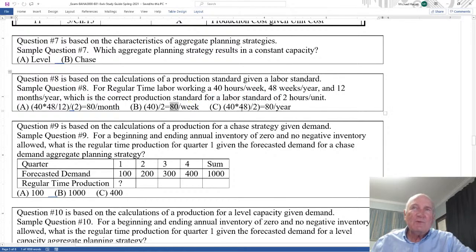Well, 40 times 48, okay, divided by 2. Well, 40 times 48, that is per year. But 2 into 40 is 20, and 20 times 48 is not 80. So again, the 80 is wrong.